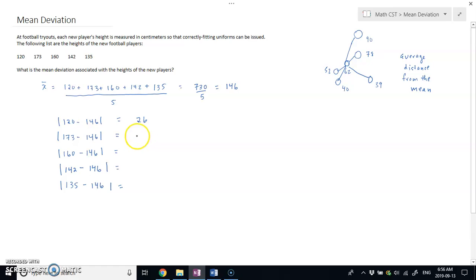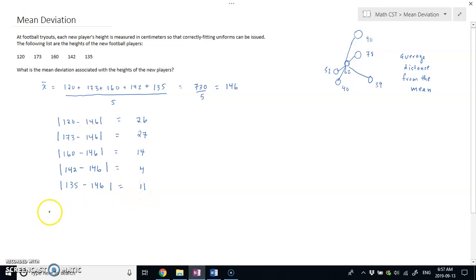So I'm just going to put 26, and that's because I put those straight brackets there. 173 minus 146 is 27. 160 minus 146 is 14. 142 minus 146, again, it would be negative, but we're going to just take the positive value, which is 4. And 135 minus 146, it'd be the same situation. It would be a negative 11, but we'll take positive 11.